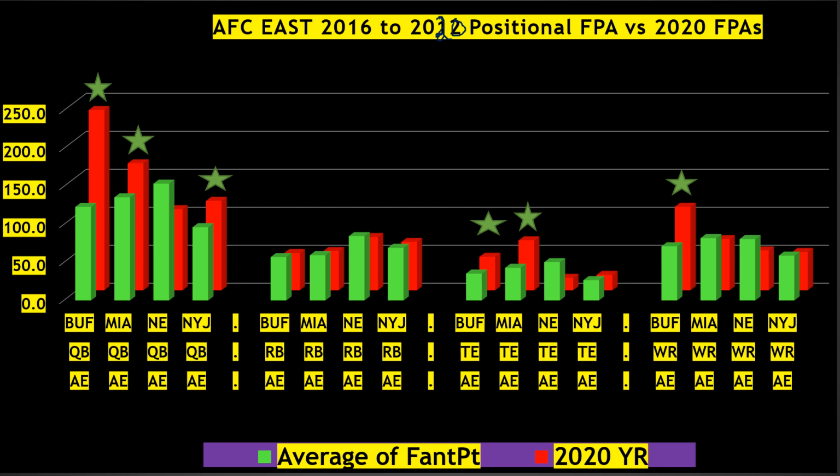And finally, the wide receivers. Buffalo by far exceeded their 5-year average. None of the other teams did. So if you couple that with the quarterback improvement, it pretty much seems that Buffalo's going to dominate this whole conference in passing and receptions.